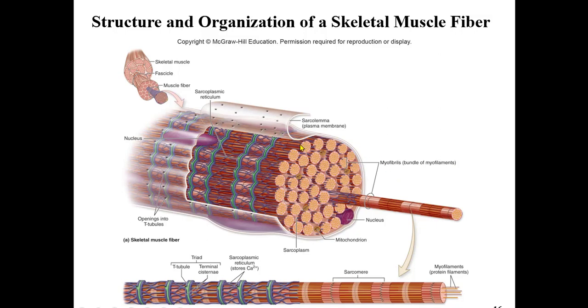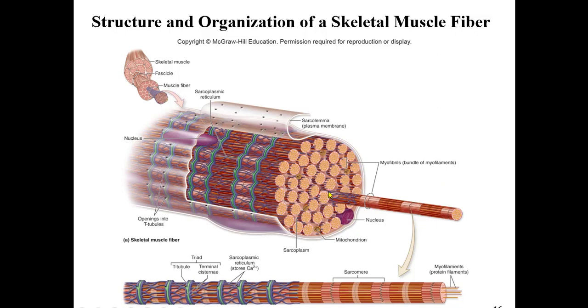So each one of these in yellow color is a myofibril. Now myofibrils are made out of myofilaments. So myofibrils are made out of myofilaments, and we'll talk a little bit more about that in a little while.